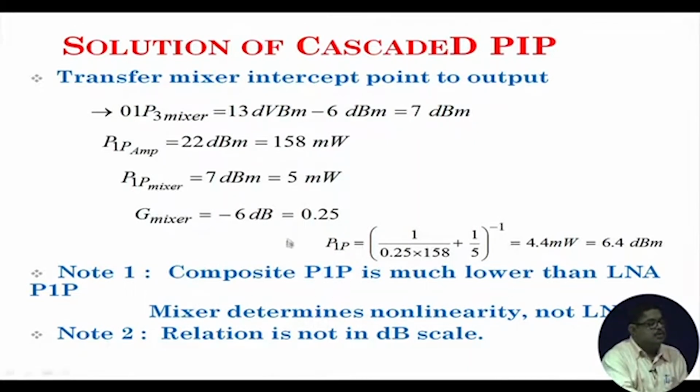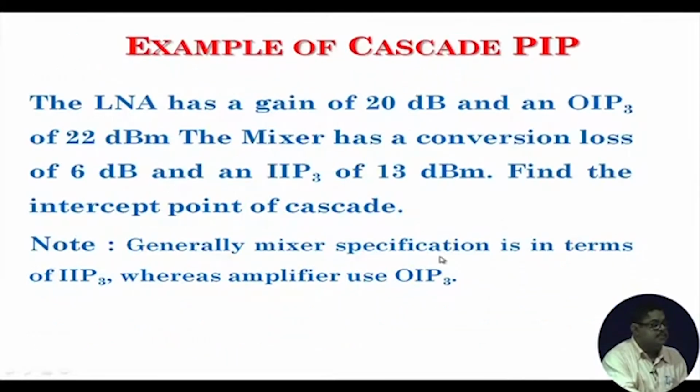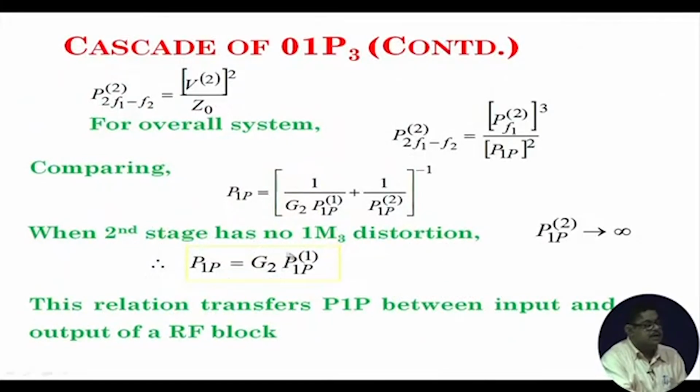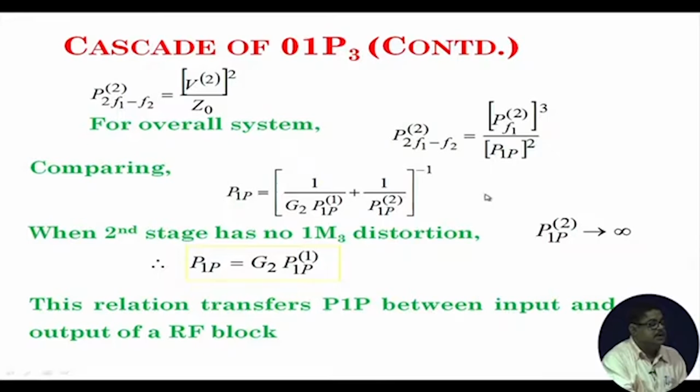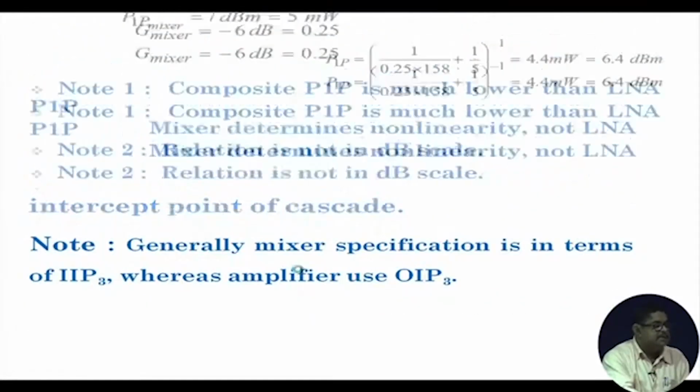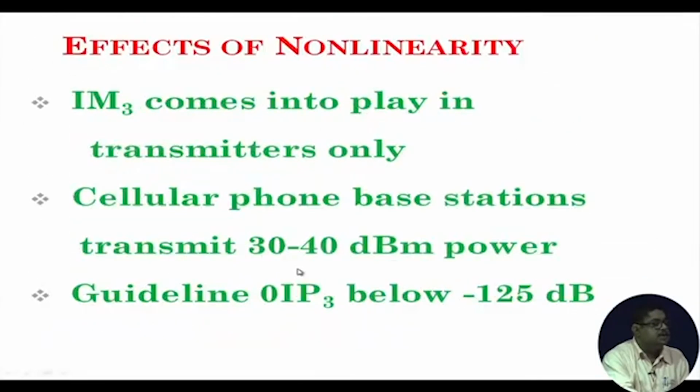Even though the single mixer has quite a good amount of nonlinearity, due to the presence of the LNA you have this relation. Also remember that this relation is not in dB scale, as I have said previously also. You see that this relation is in absolute scale. All these derivations we have done in absolute scale. You can convert it to dB scale if you want, but as it is, this relation is not in dB scale.